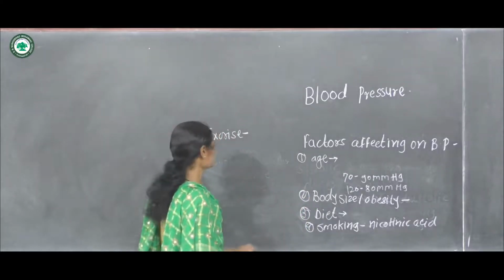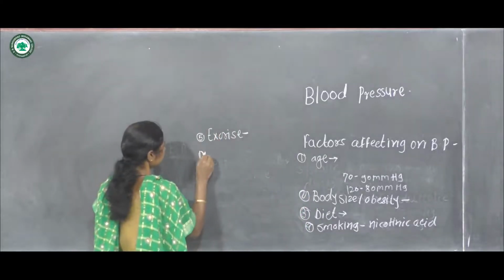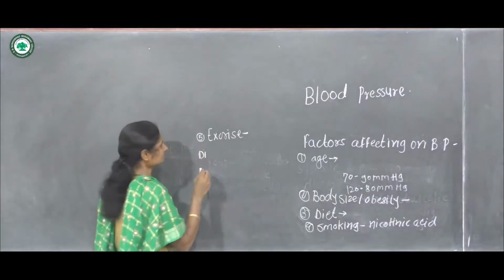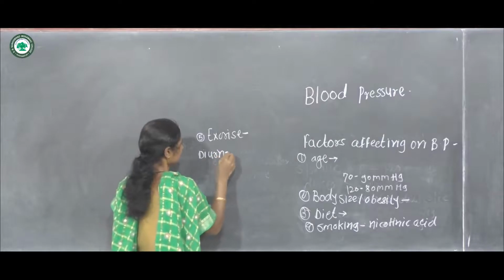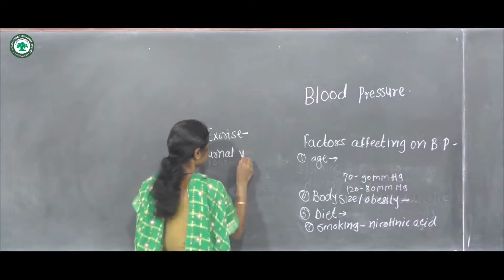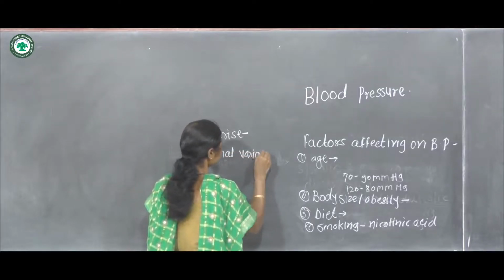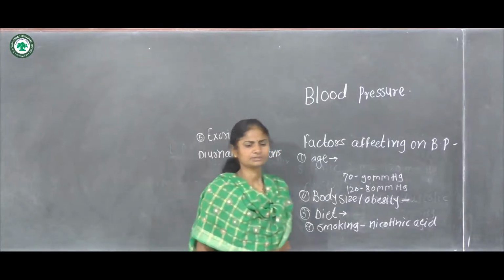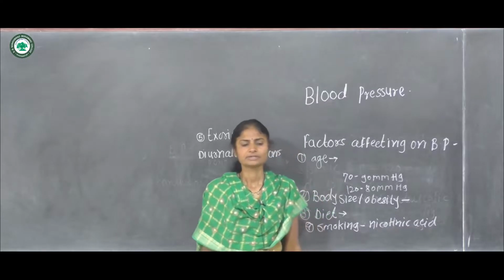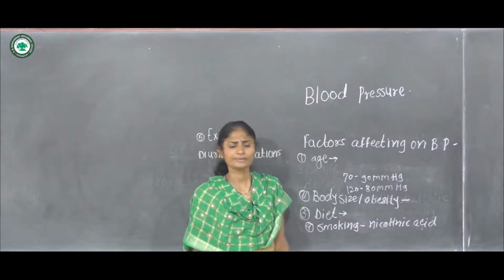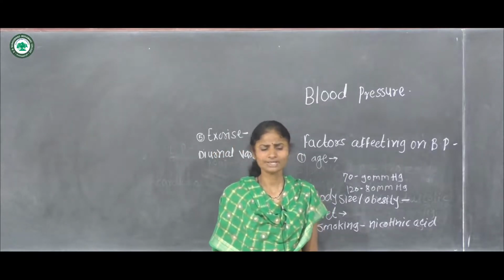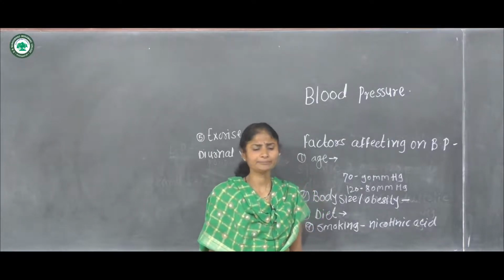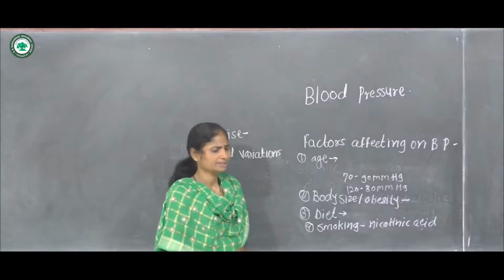Diurnal variations: usually a person has low BP in the early morning, and this BP increases and peaks in the evening.